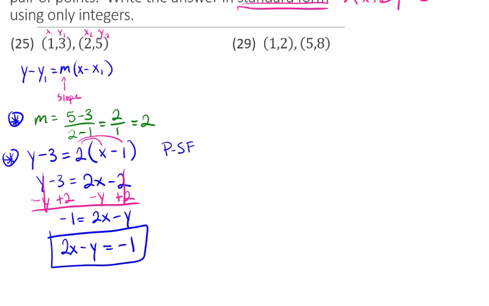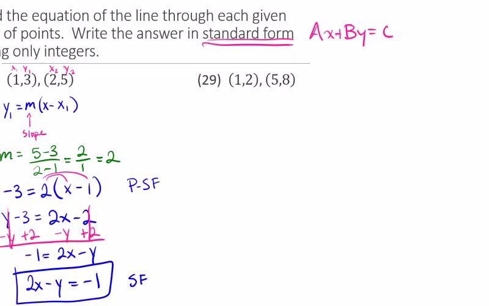And then once we plug it in, we just simplify and then get the standard form here, where we get our x and y on the same side, the coefficient of x is positive, and the constant on the other side of the equation is an integer. All right, so that's how it's done. So let's try 29.